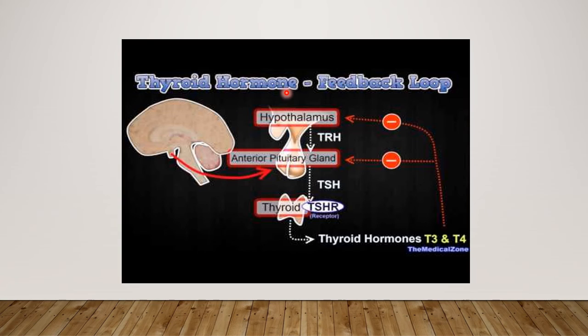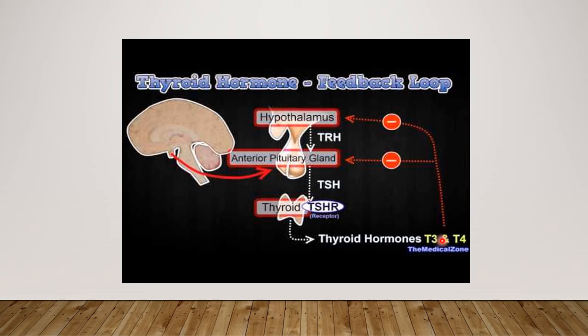This thyroid hormone feedback loop further explains how the TSH suppression prevents the stimulation of the thyroid. Okay, you all know the thyroid is stimulated by the TSH, thyroid stimulating hormone, from the anterior pituitary. And the anterior pituitary is in turn stimulated by the hypothalamus with its hormone, the thyrotropic hormone, which stimulates release of TSH, and TSH stimulates the thyroid to produce T3 and T4.